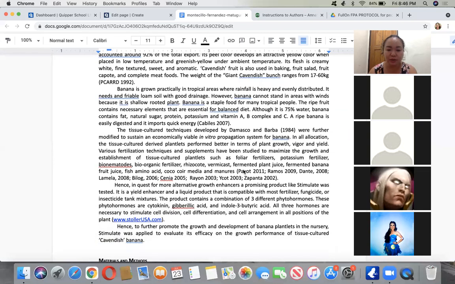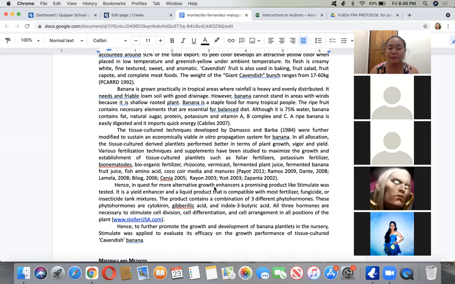And also, you have here the different authors, because you are citing that various fertilization techniques have been done in the past, and you enumerate what those are: foliar fertilizer, potassium, organic, and vermicast, and so on, and the different authors.